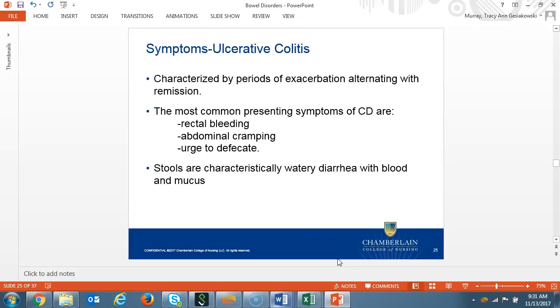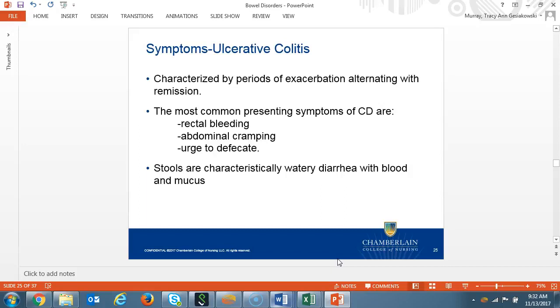Symptoms of ulcerative colitis include bleeding, cramping pain, and the urge to defecate. Stools are characteristically watery diarrhea with blood and mucus. Fecal leukocytes are almost always present with active colitis. In mild forms, patients report 4 or fewer loose bowel movements per day associated with abdominal cramps that are relieved with defecation.